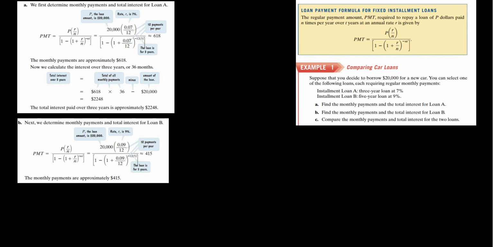So if we did 618 times 3 years, and then we're also going to do 415 right down here times 5 years. Okay, so what is 618 times 3?